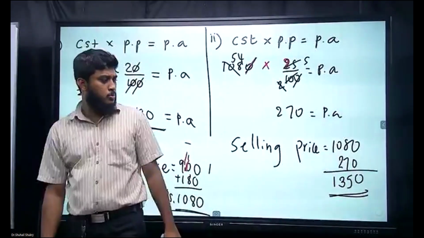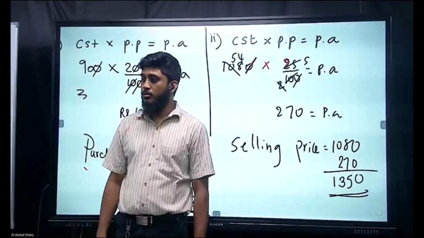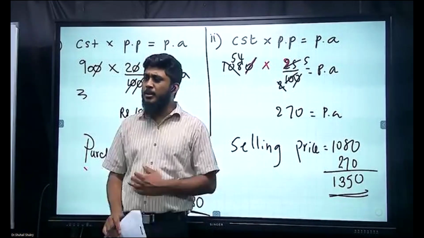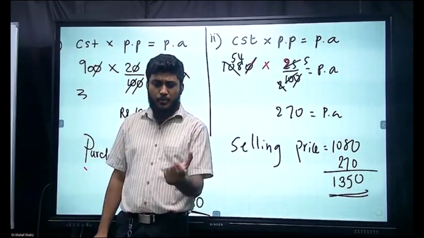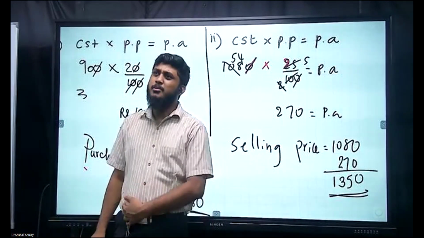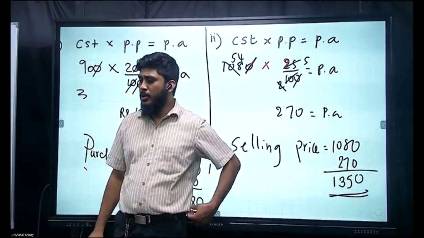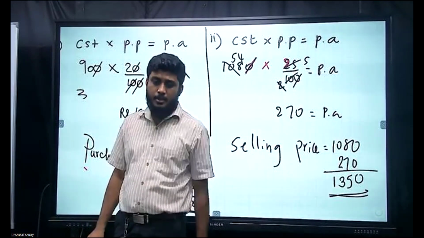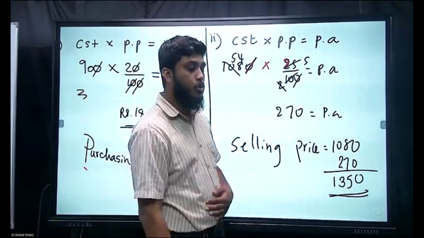Nowadays, can you buy a shoe for that? What is the minimum price of a shoe nowadays? High-end shoes are different. The minimum price is about 4,000, at normal Bata showrooms.